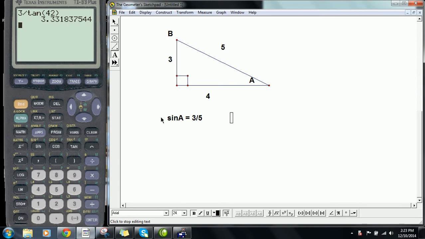So what I'm going to do is take the inverse sine of both sides. So it kind of looks like this. I'm going to take the inverse sine of the left side, which would be sine of A. And I'm going to take the inverse sine of the right side, which would be 3/5.